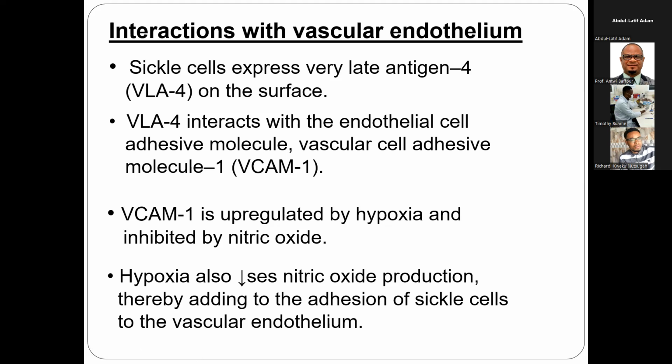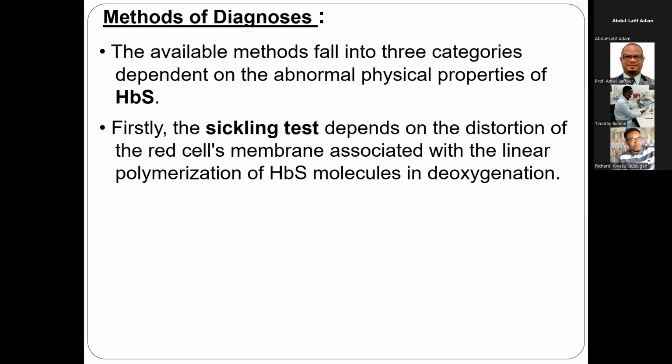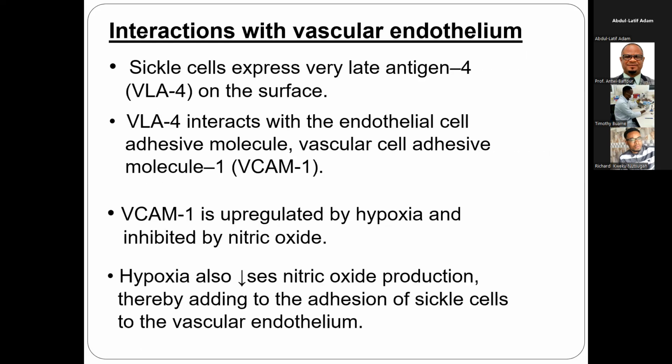So yes, the shape also plays a role, but that is compounded by the fact that they produce a stickiness on the surface that allows them to stick to the endothelium and stop movement. Okay. And this lack of movement is what leads to the vaso-occlusion. All right.